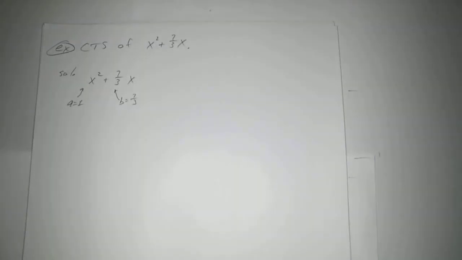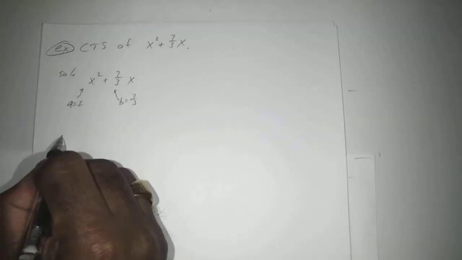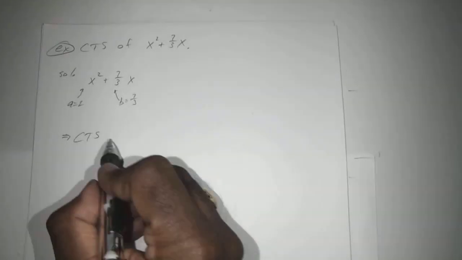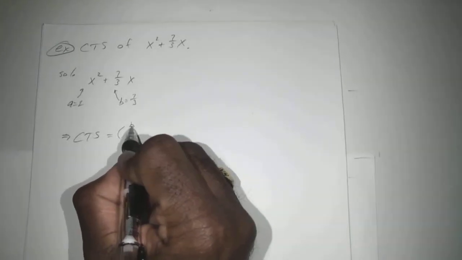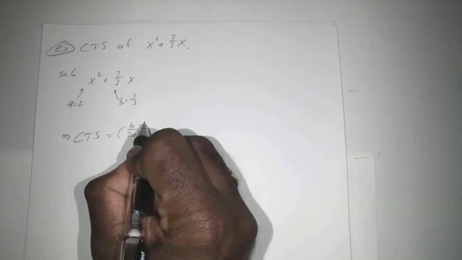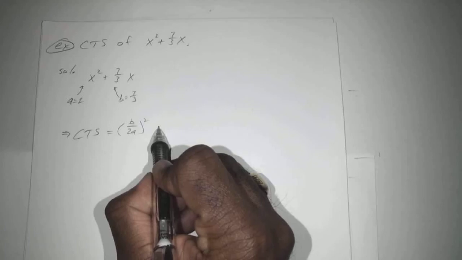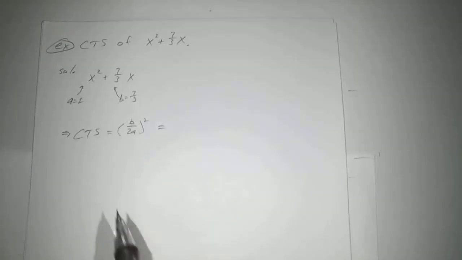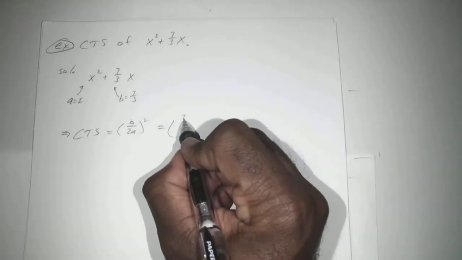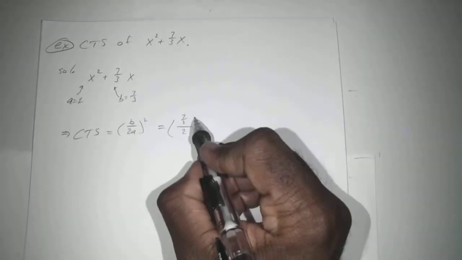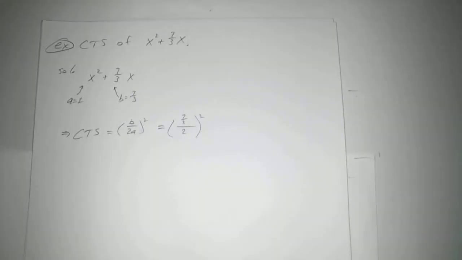Now when you have fractions, a lot of times I rewrite it to make it look a little different, because remember, the formula is (b divided by 2a) squared. So our b is 7 over 3, so really this is 7 over 3 divided by (2 times 1), squared.